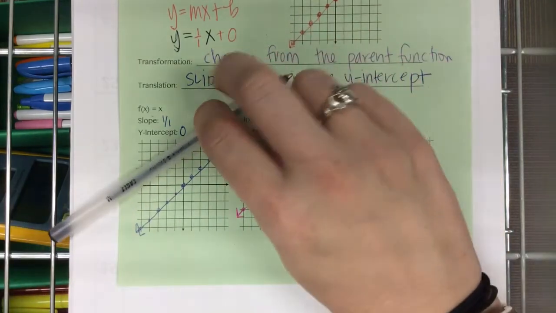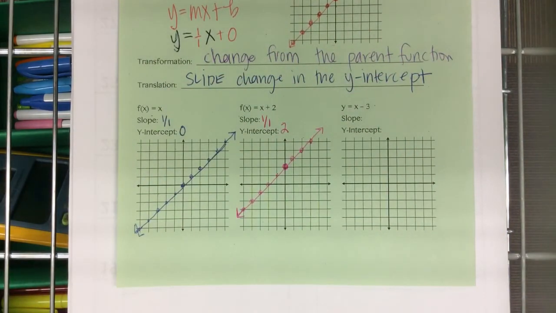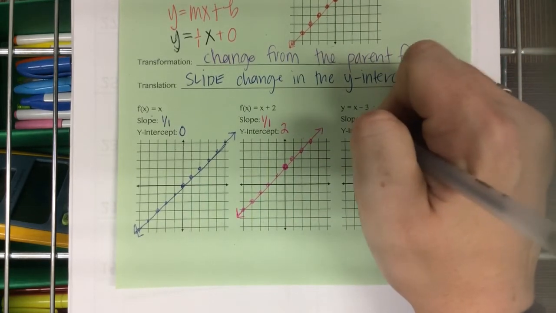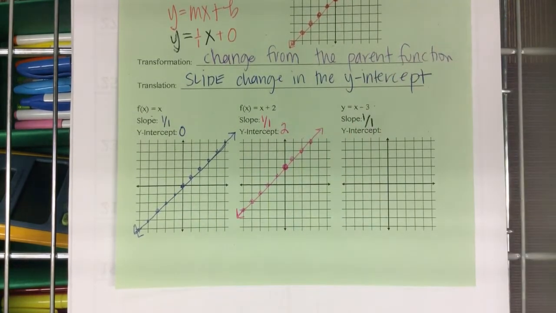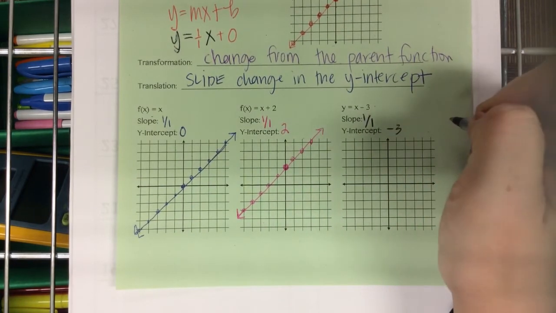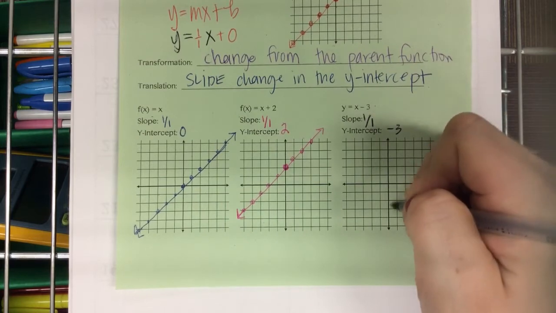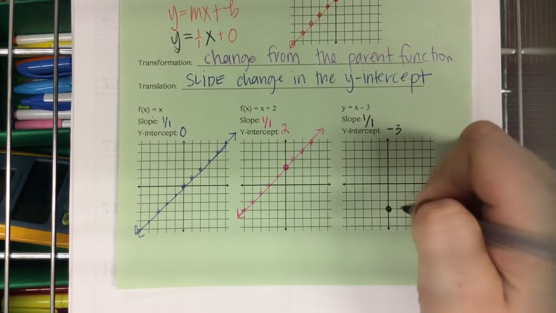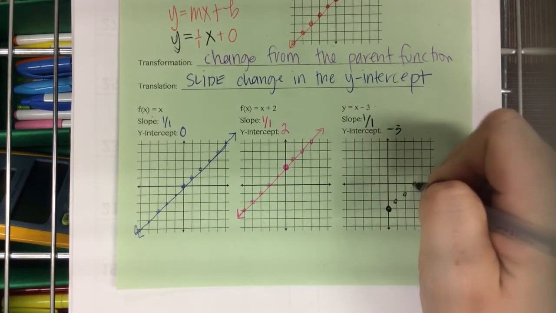Nothing else changed, so try the next one. The slope did not change, it's still x, so it's 1 over 1. But my intercept is -3 now. So I go down to 3 and then graph my slope.